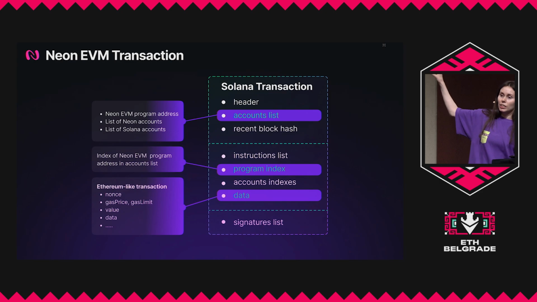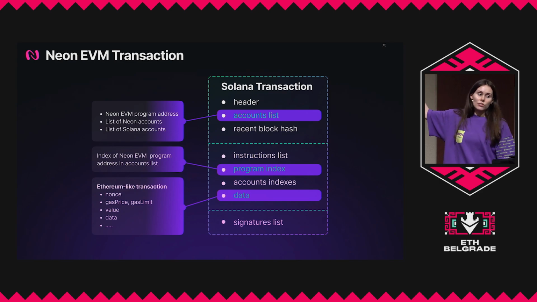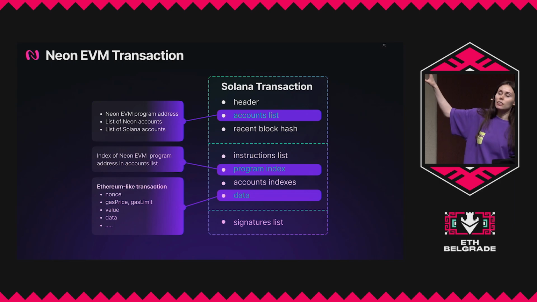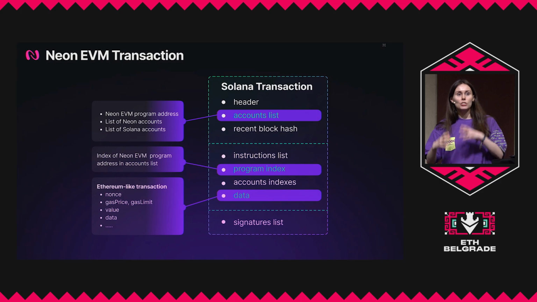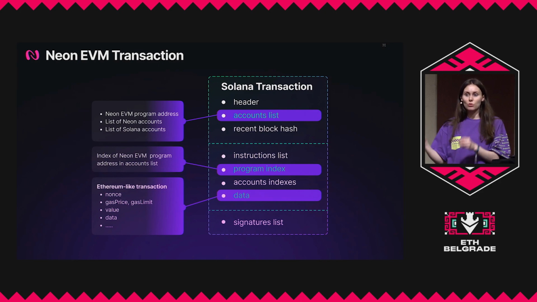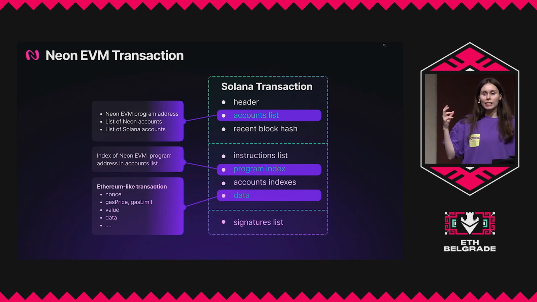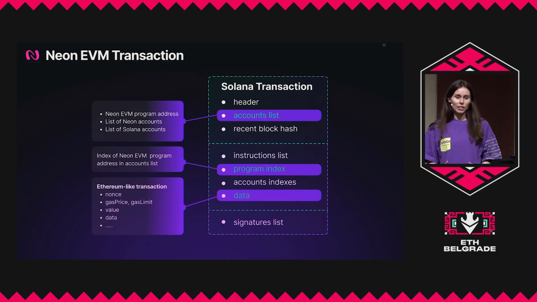And Neon EVM also packs the address list into the program index and the accounts list into the accounts list section. So under the hood, Neon EVM also creates all these accounts that are needed for a Solana transaction to go through. As you probably know, accounts are a whole big thing on Solana. Unlike Ethereum, where we have externally owned accounts and contracts, on Solana, basically everything is an account.